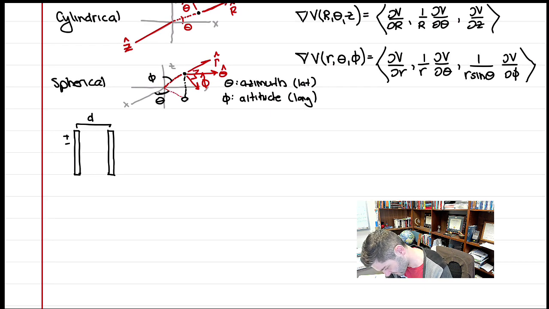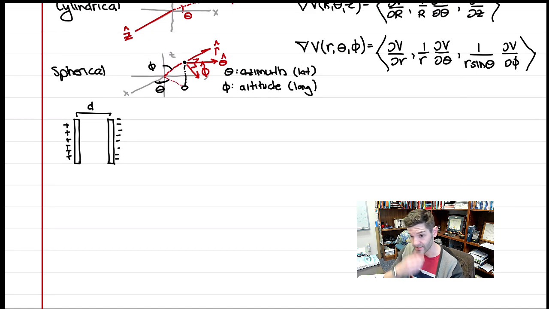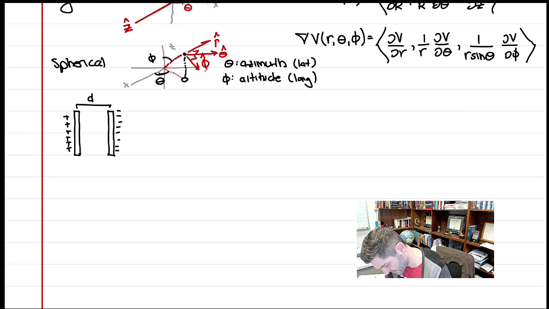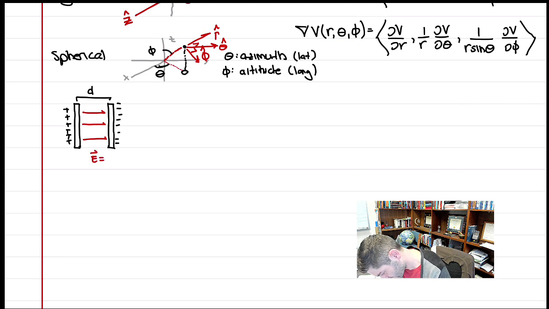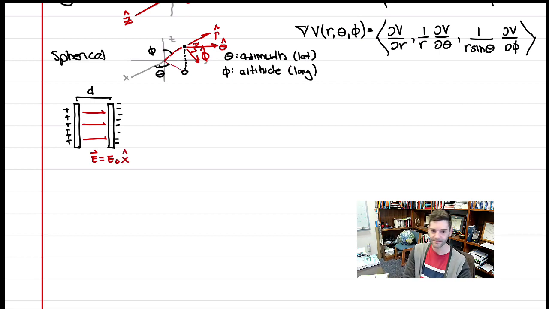The left plate has a positive charge on it, the right plate has a negative charge on it, such that there's a uniform electric field in between them. I'll just draw that as straight lines. So there's some uniform field, I'll say E naught, and it's pointing towards the right in the x direction, the way I've drawn these plates.